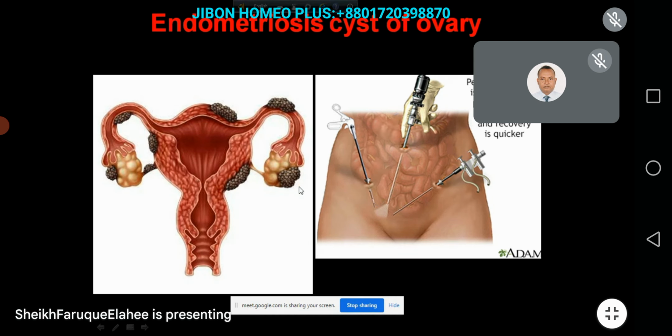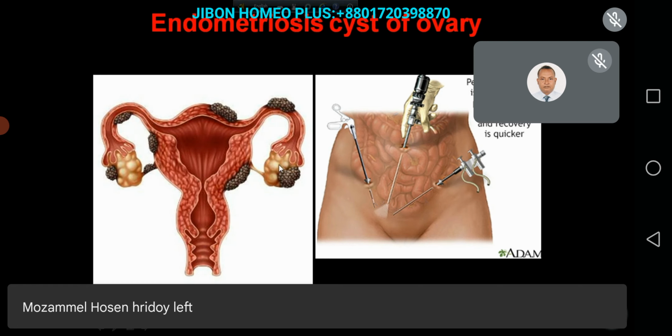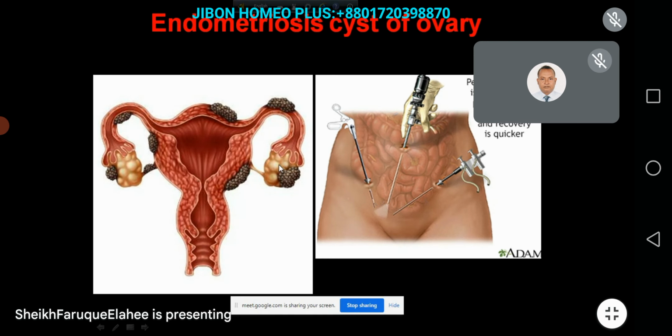They will remove the endometric cyst, this collection of blood making a cyst, and also they will remove the adhesion of the fallopian tube. There are adhesions of the fallopian tube. That's why there is no pregnancy, because the tube cannot catch the ovum.